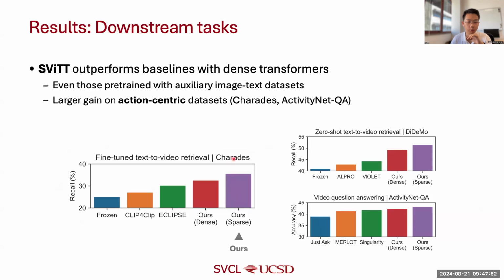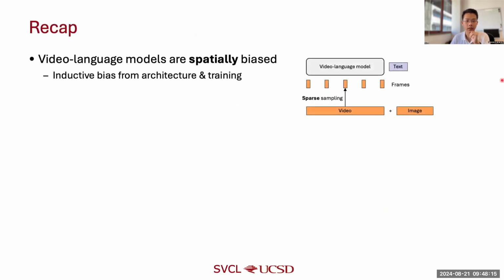And the differences that we found are particularly large on temporal-heavy datasets, such as those inspired by action recognition, including Charades, Something-Something v2, and ActivityNet QA. I have the full evaluation results in the paper and my thesis.